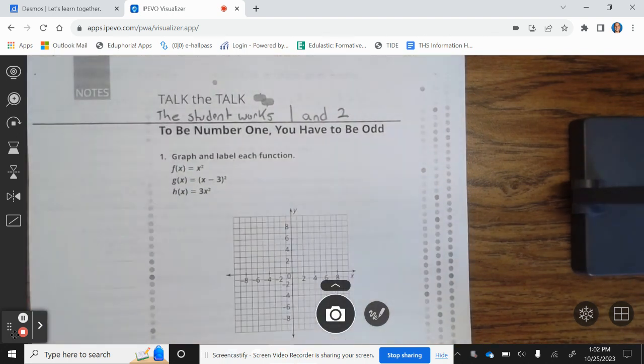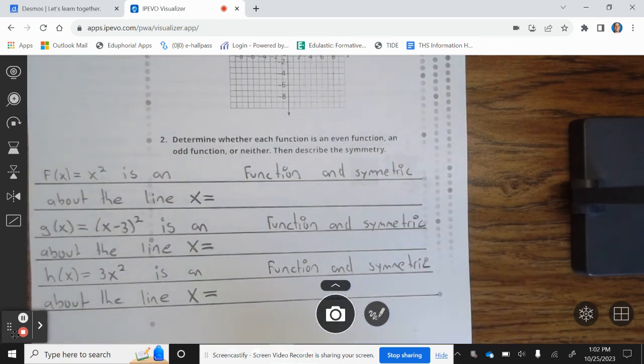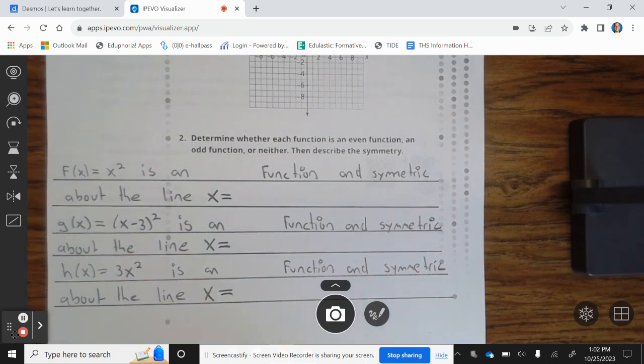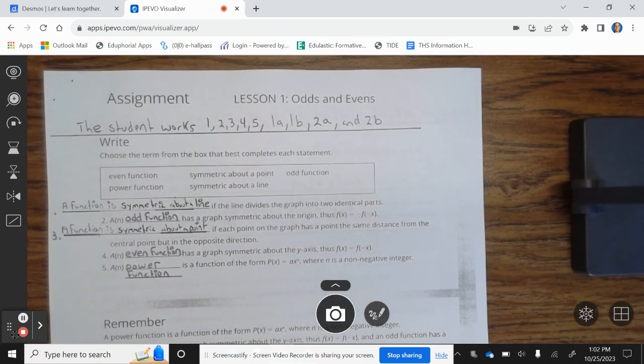Okay, the student works 1 and 2. All right, let's take a look at the next page. The student works 1, 2, 3, 4, 5, 1A, 1B, 2A, and 2B.